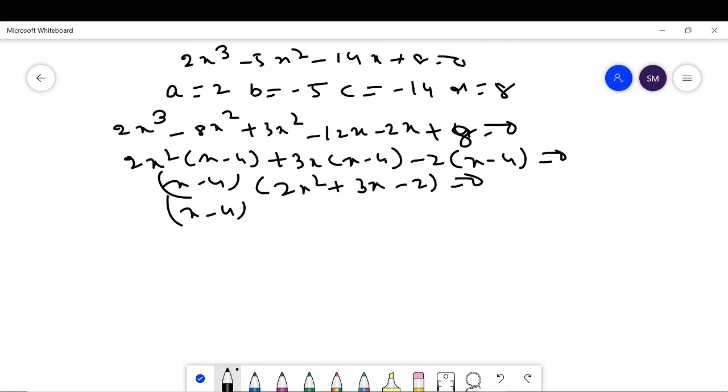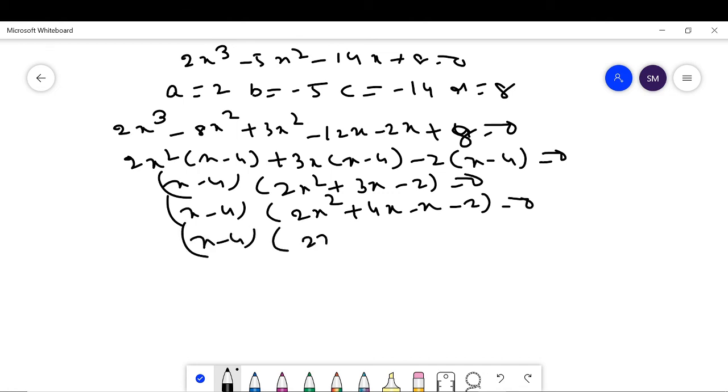Here apply the middle term factorization. We get 2x square plus 4x minus x minus 2 is equal to 0. Then take 2x common, this is x plus 2, this is minus 1, x plus 2.